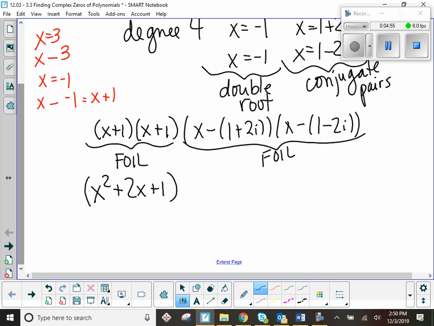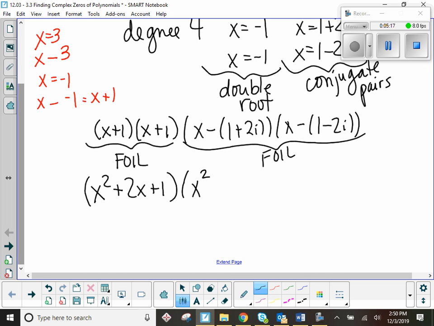First, the first terms, right? What are the first terms that we're multiplying in this part? X and x, which makes x squared. See, that was easy.